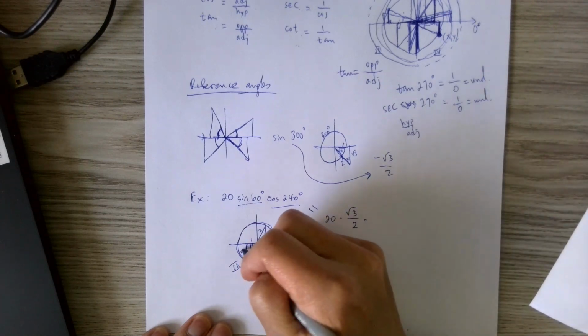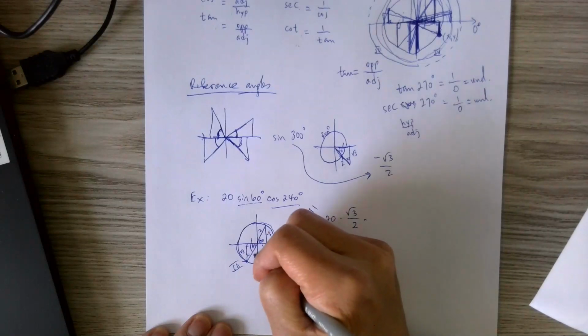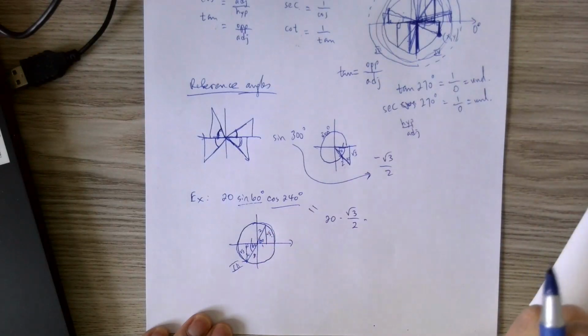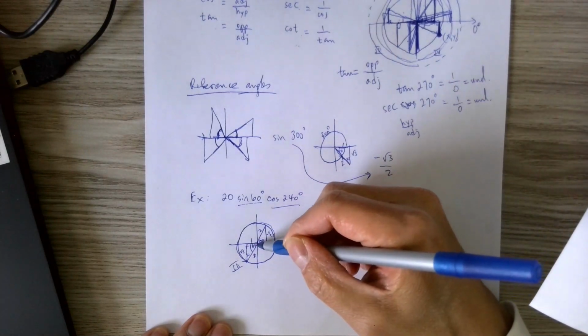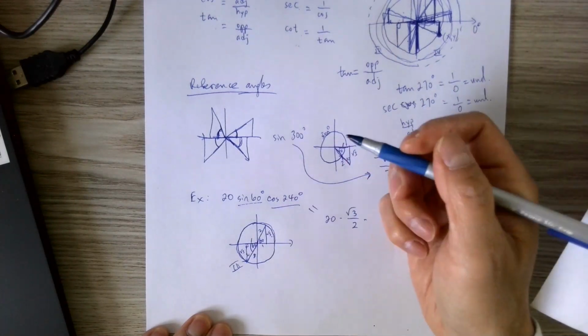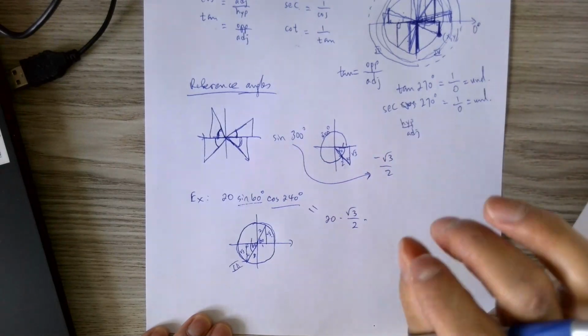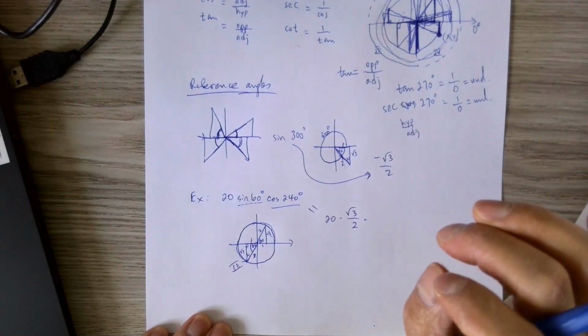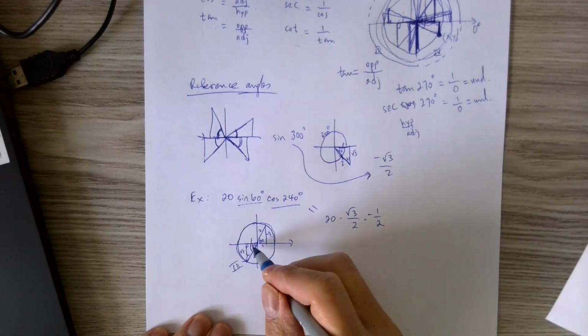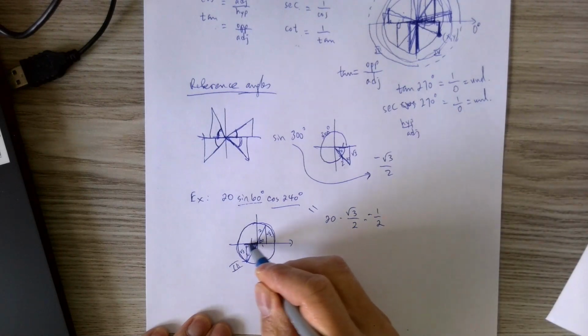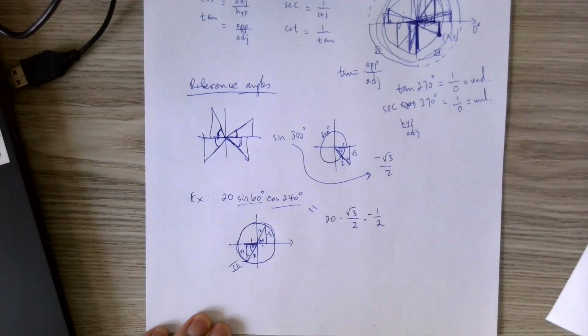The 1, rad 3, 2 is my ratio again. I need the cosine this time, not the sine. So I'm going to take the adjacent and put it over the hypotenuse. That's 1/2. Last thing I do, check the sign. It will be a negative 1/2 because I'm using the adjacent side, and the adjacent side in quadrant 3 is negative.